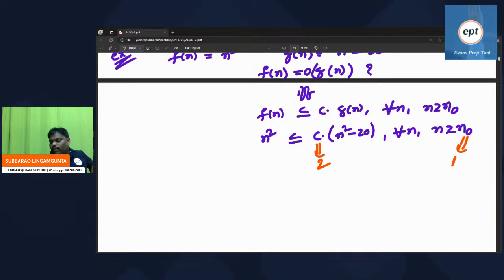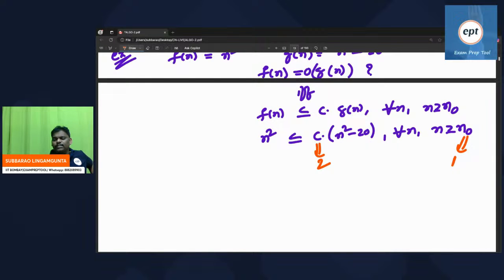So that is the reason, if I take n value 1, negative coming. N value 2, also negative. 3 square is 9, 9 minus 20, also negative. I don't want to see negative. N value 4, also negative. 5 square is 25, 25 minus 20, positive coming. But the problem is, n value 5: left side is 25, right side is only 5.